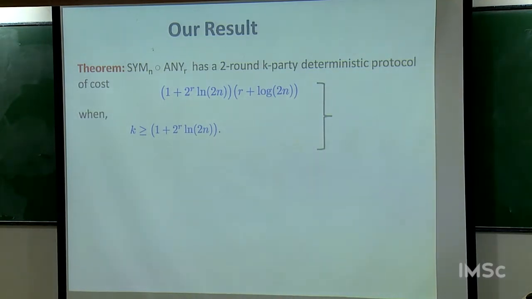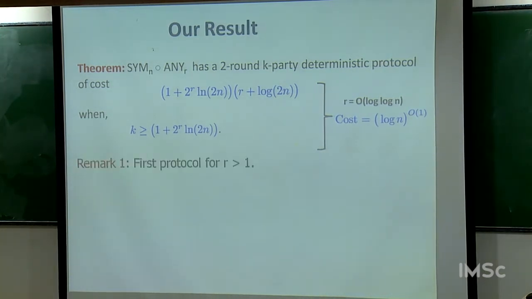If you notice these numbers, if R is of order log n, so the number of blocks involved is about order log n, then the cost is still polylogarithmic. The first remark is that this is the first protocol for R greater than 1. All previous protocols were for inner functions that acted on just one column.